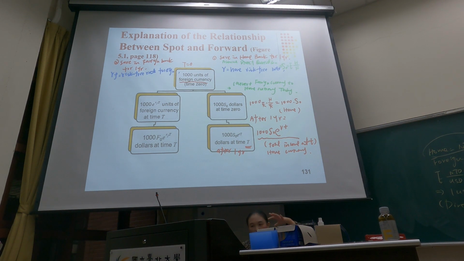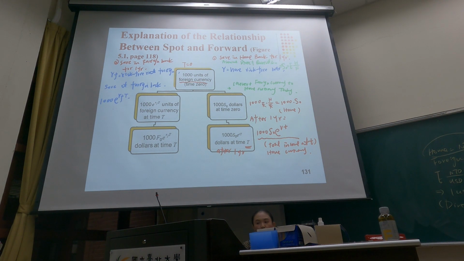Okay, so the second choice, you don't convert today, you save in the foreign bank. Because we started with the foreign currency, you don't have to convert it today, you just directly save in the bank. So save at the foreign bank. Basically, you will get 1,000 E^(RF T).